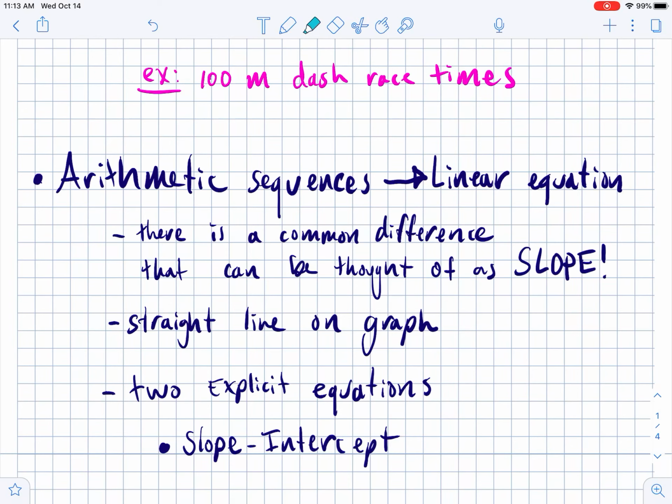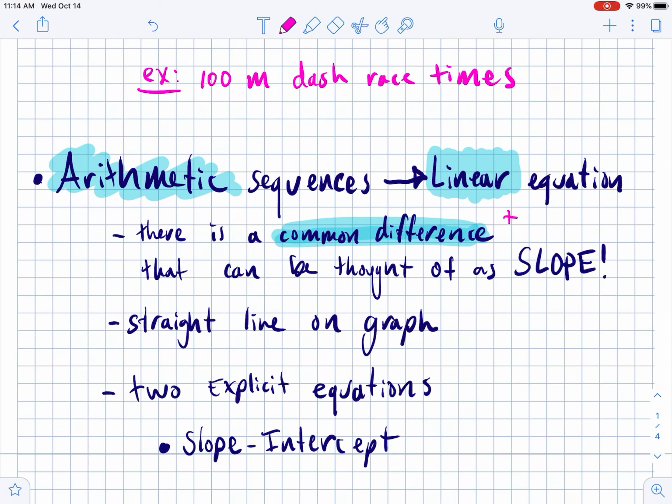Now, in Mod 1, we talked a lot about arithmetic sequences and geometric sequences, which we're still kind of talking about, but now we're moving away from that word into function land, where we just call that a linear relationship. The big thing about an arithmetic sequence and linear equation is they still have a common difference.